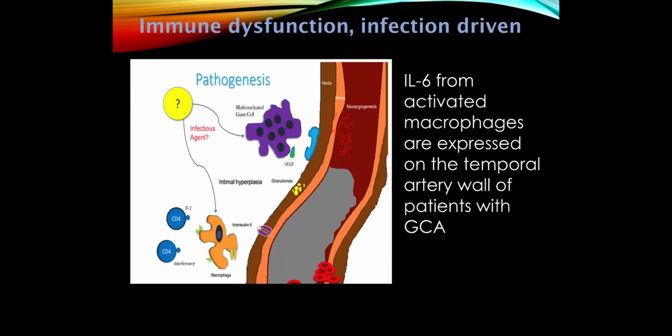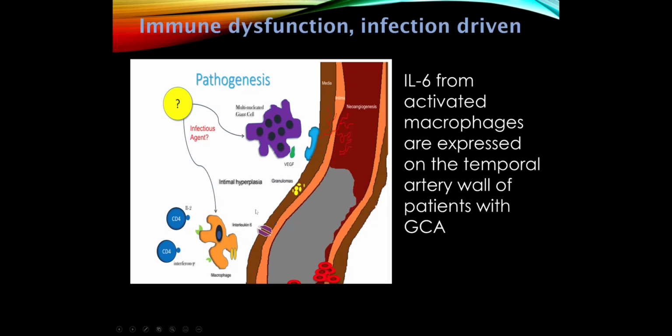All right, some ideas. What goes wrong in giant cell arteritis? Well, there may be an infectious agent, and exactly what that is isn't known right now, but it seems to cause immune dysfunction, especially affecting macrophages, and the interleukin-6 from these activated macrophages.